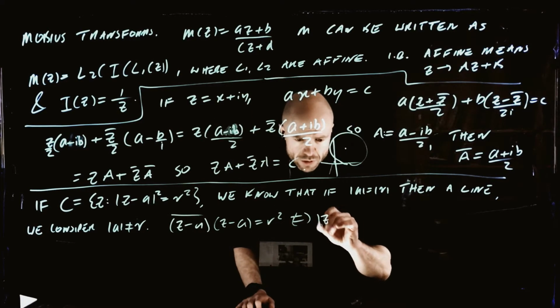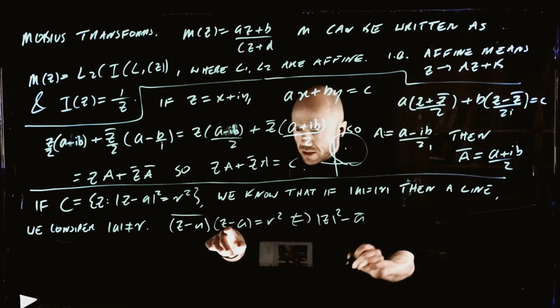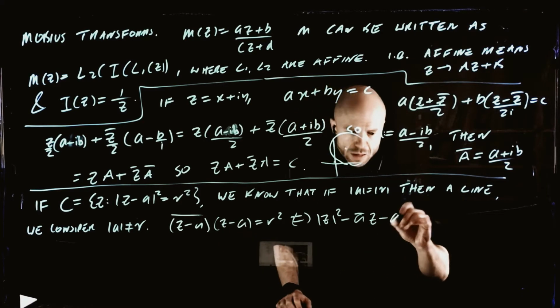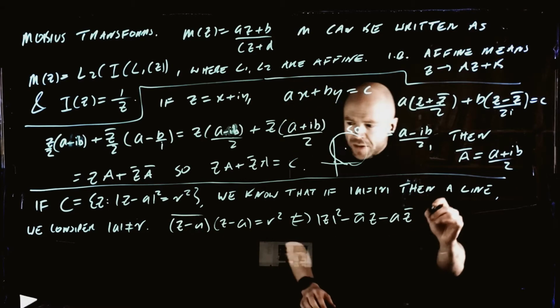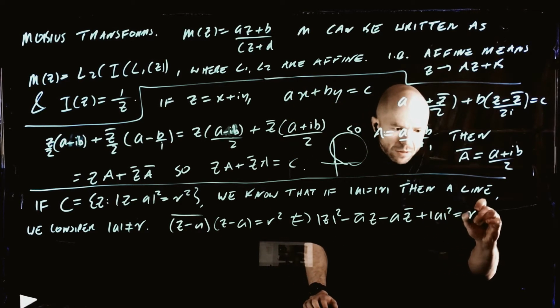We're going to have mod z squared, then minus a times z bar, which is this guy times this guy, and minus a bar times z, and then we're going to have plus mod a squared, and that's equal to r squared.